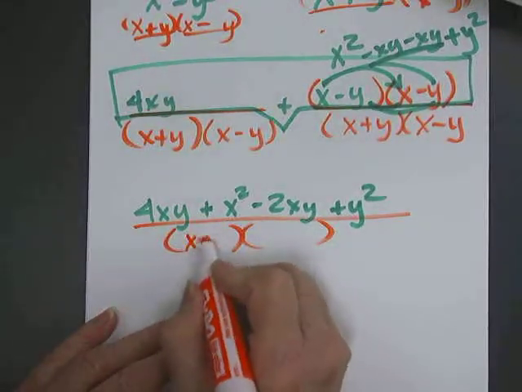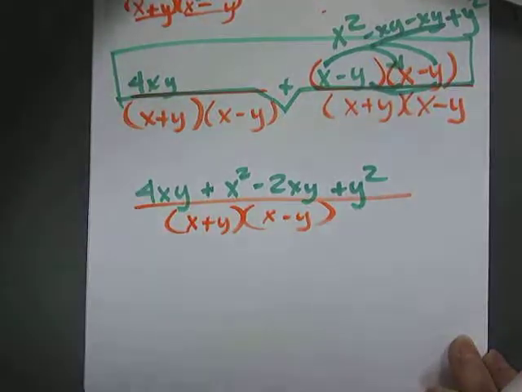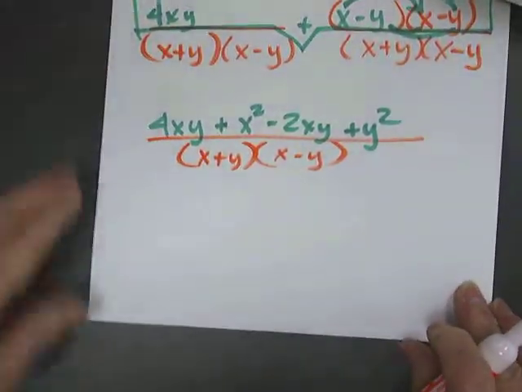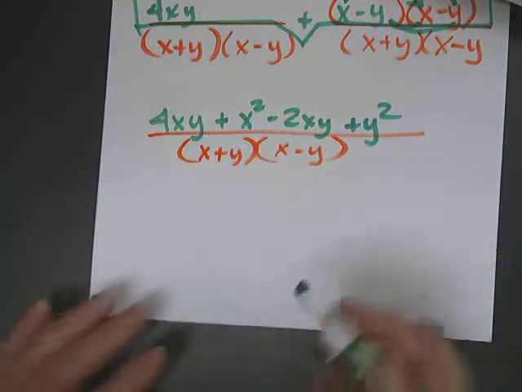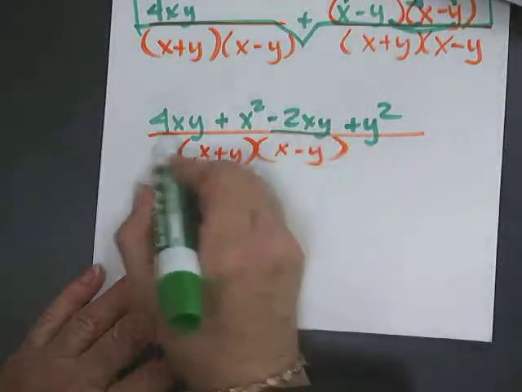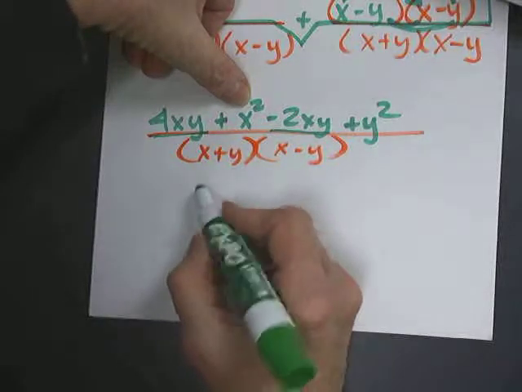Right. Okay, so we have on top 4xy plus all of this. X squared, let's combine those two, is a negative 2xy, and then plus y squared, over our common denominator.